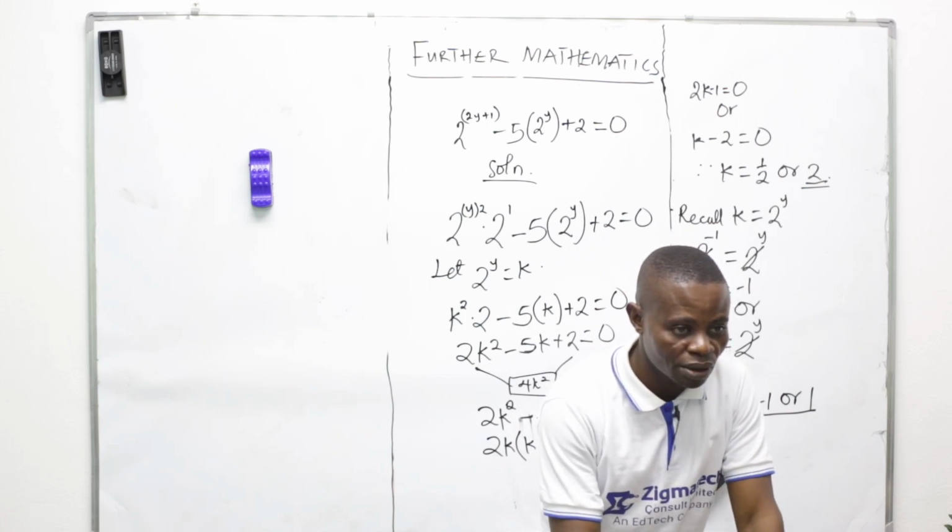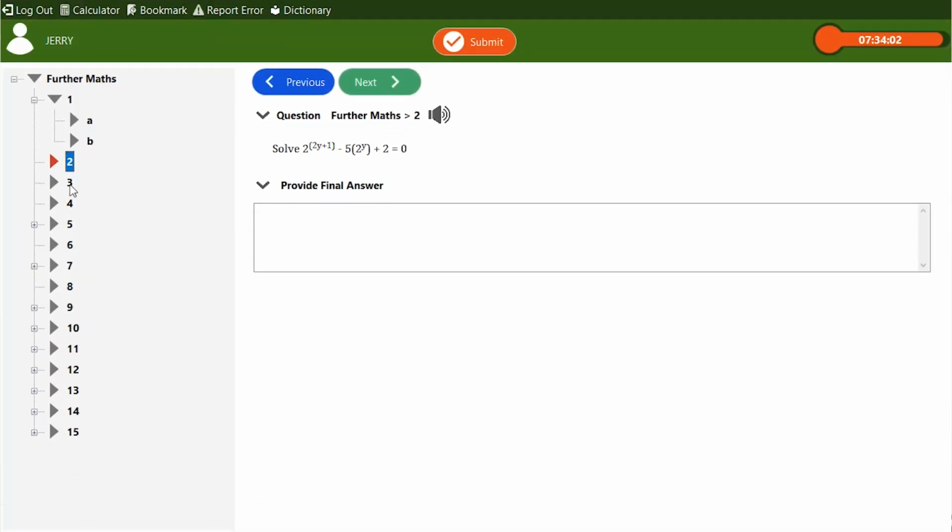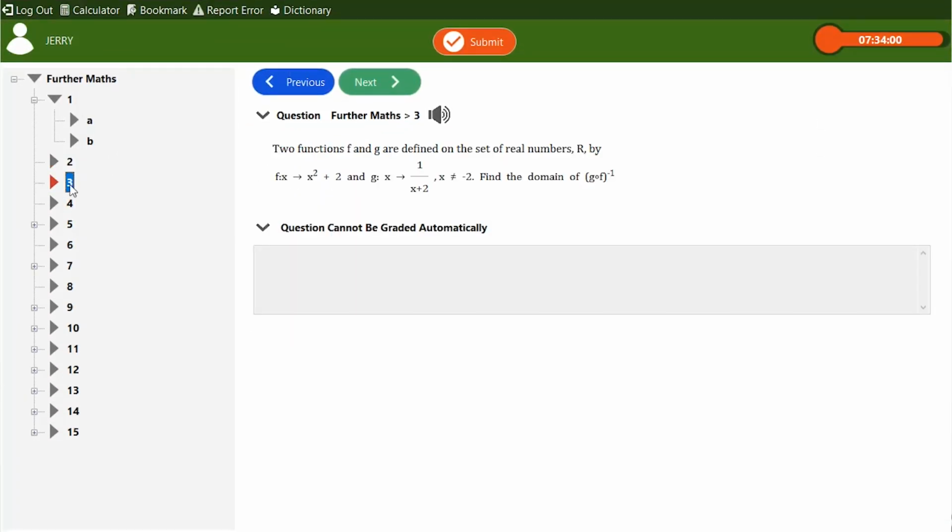Question number 3. We have a function question. Let's clean this first.